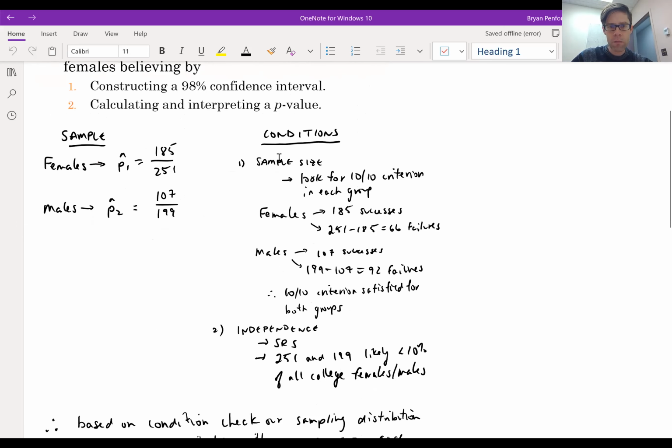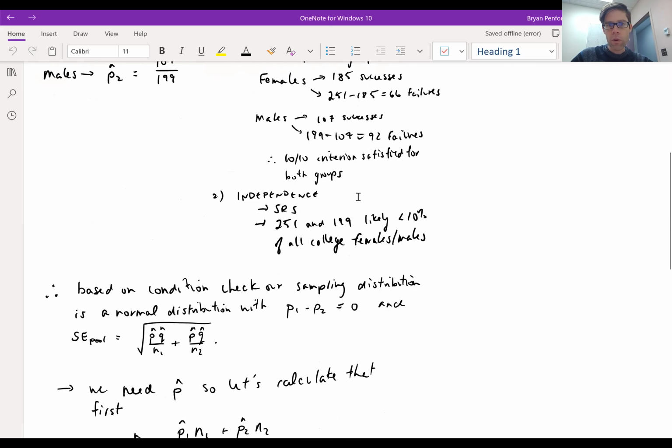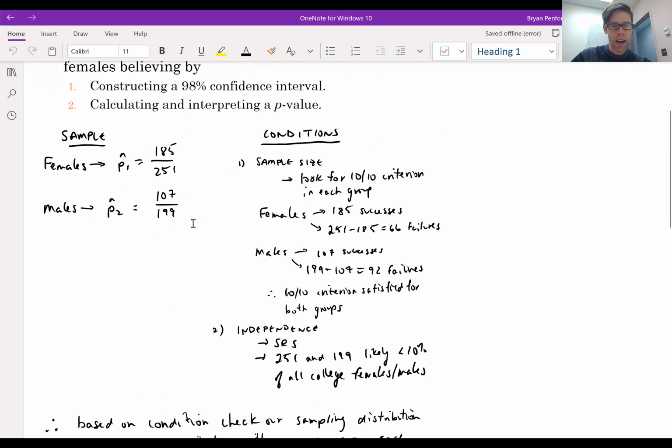We check the conditions. I'm not going to go through that, but essentially, if you do need to check the conditions, you just go into each one of the subgroups and check those subgroups separately. So check the sample size condition for each subgroup, check the independence criterion for each subgroup as well. So we were happy with the conditions. We had our estimates.